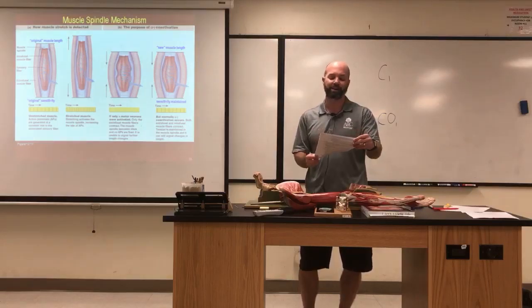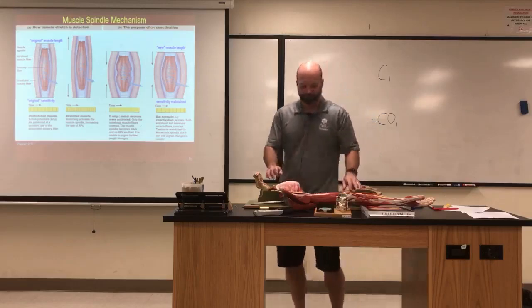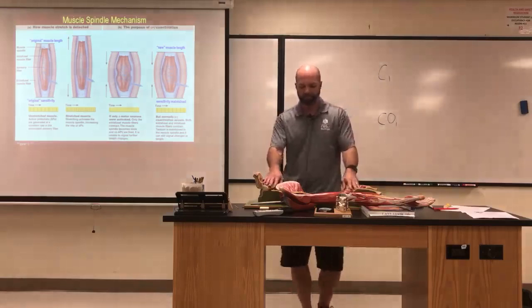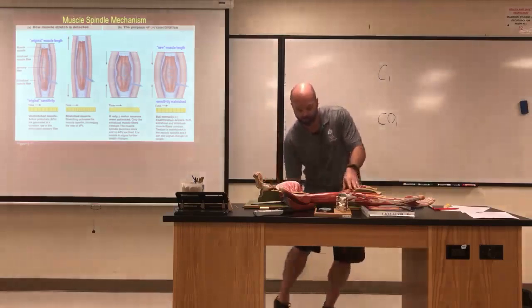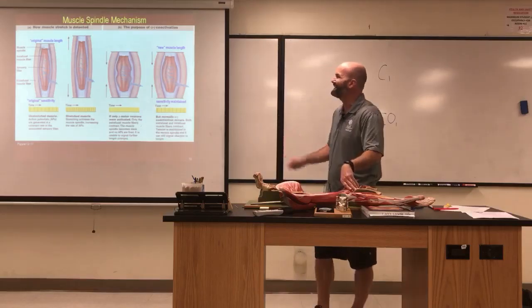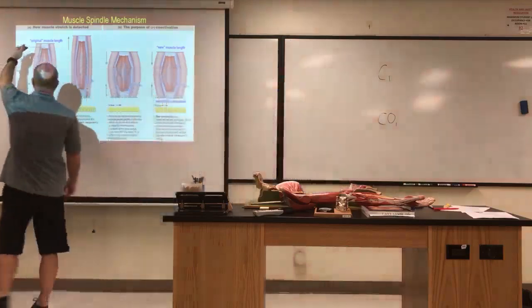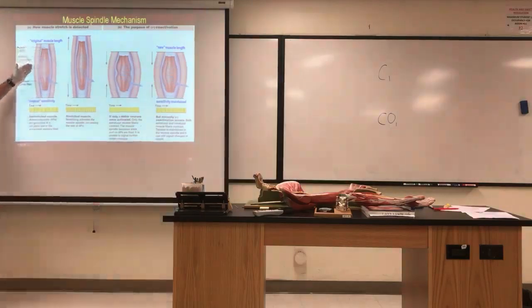Meaning, if it wasn't for the alpha-gamma coactivation. See, coactivation allows the muscle spindles to shorten in conjunction with the extrafusal fibers, so they maintain their sensitivity at any given length.